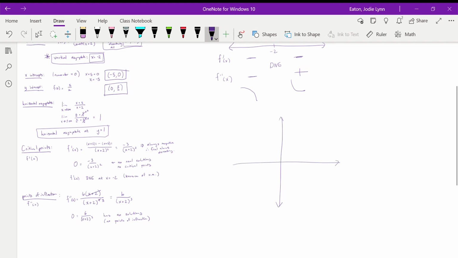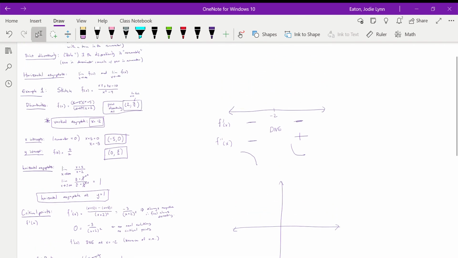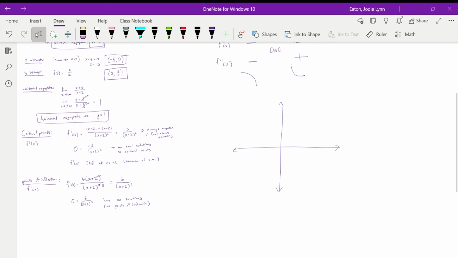So we're going to first start by looking at our points. We have negative 5, 0, 0, 5 halves, and 2, 7 fourths. We're probably going to be okay with just counting 1, 2, 3, 4, 5 and negative 1, negative 2, negative 3, negative 4, negative 5 on each axis.